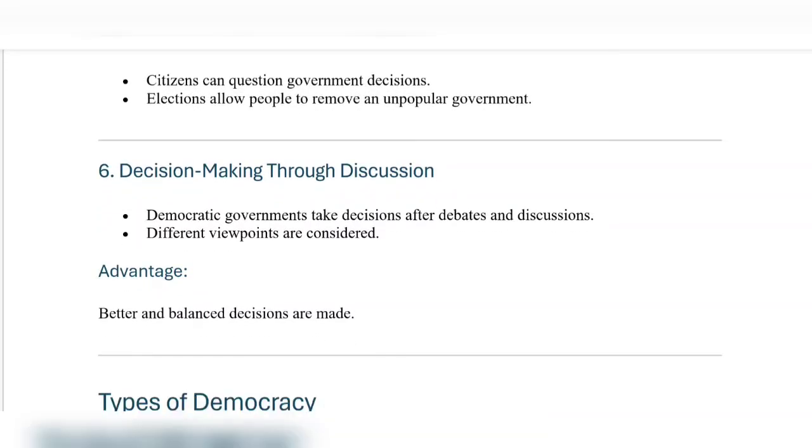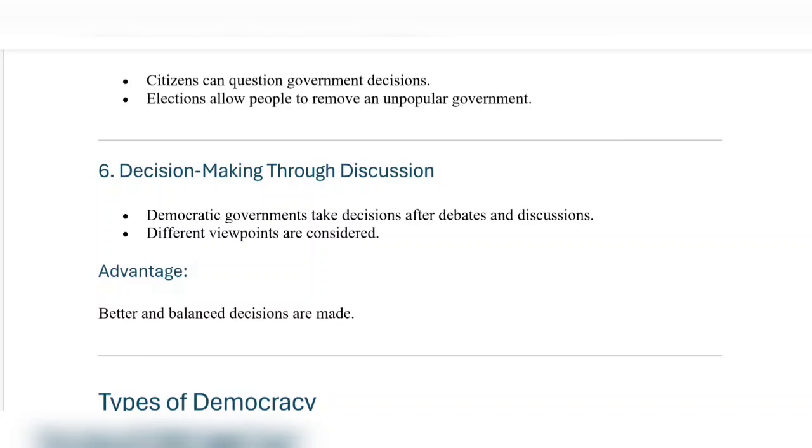Okay, now next is decision making through discussion. This is again a very good thing about democracy, that decisions are not taken by one person, but there will be involvement of many. There will be many brains working to find out the solution. There will be debate happening, discussions happen, and then they take a better and balanced decision.